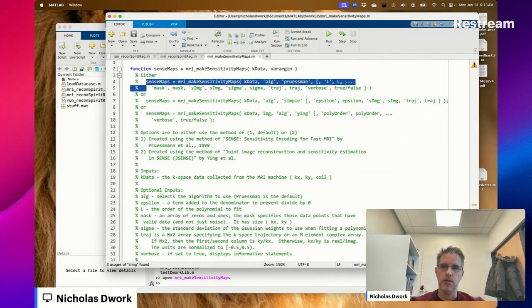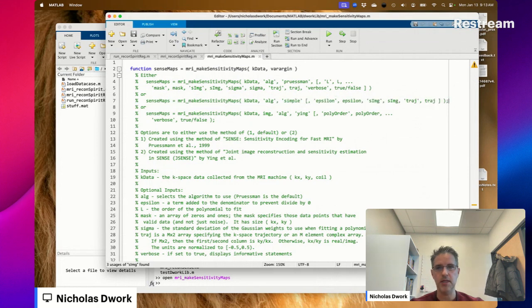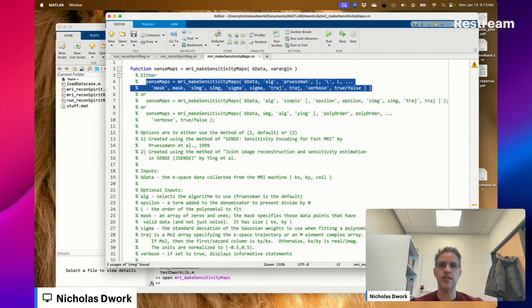So this is the method of Pruessmann. This is a very, very simple algorithm where I think you just take the zero field reconstructed image and divide by, it doesn't matter. I think the whole point is that this makes a sensitivity map in a way that's reasonable, but maybe not the best.